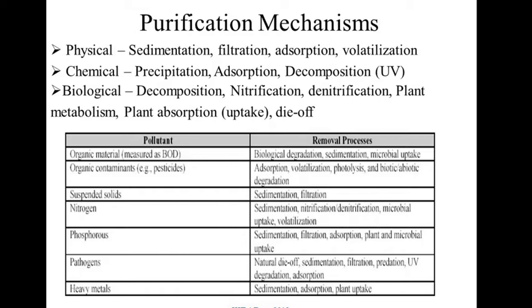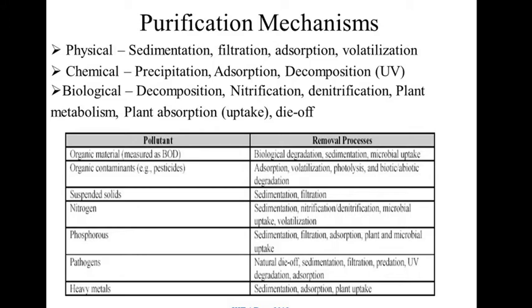Okay, so these are the various types of pollutants present in wastewater: organic material, organic contaminants, suspended solids, nitrogen, phosphorus, pathogens, and heavy metals. These can be removed by various methods or processes.